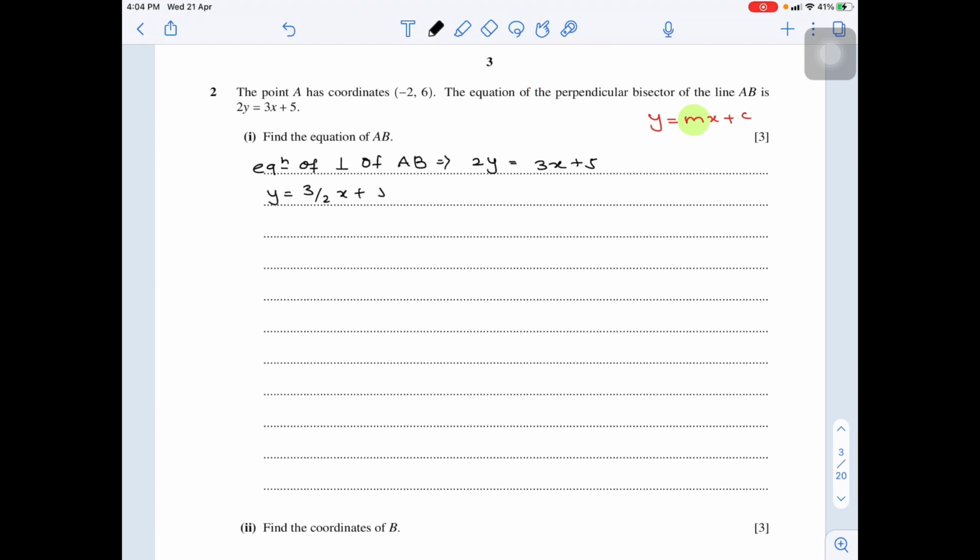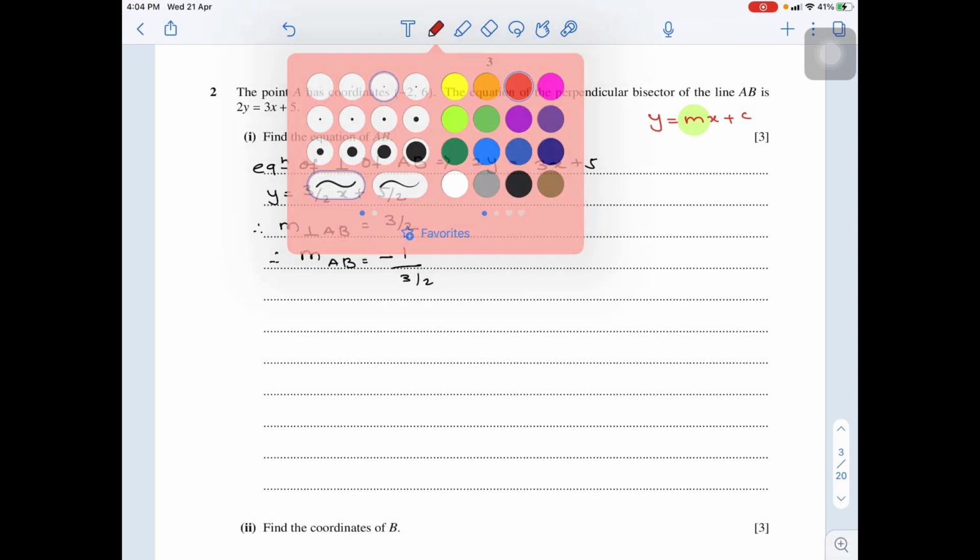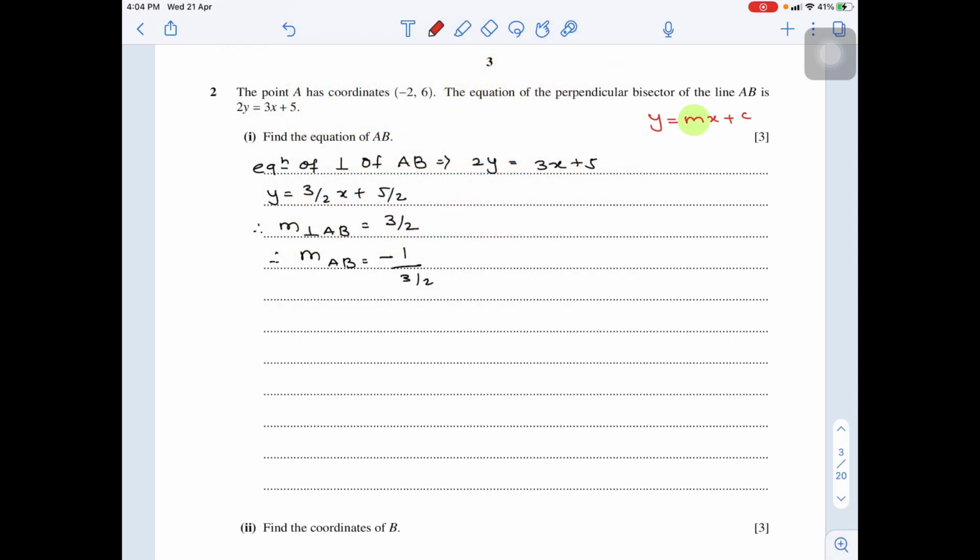So I'm dividing throughout by 2. So y equals 3 over 2 x plus 5 over 2. Therefore, the gradient of the given line, which is perpendicular to AB, is 3 over 2.